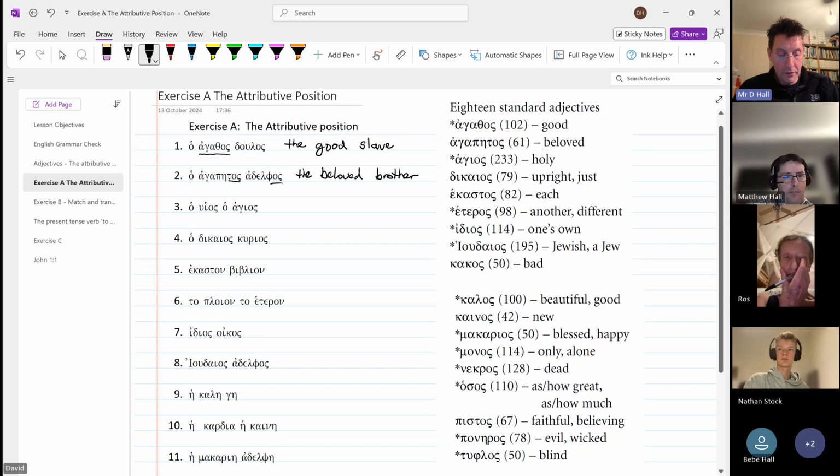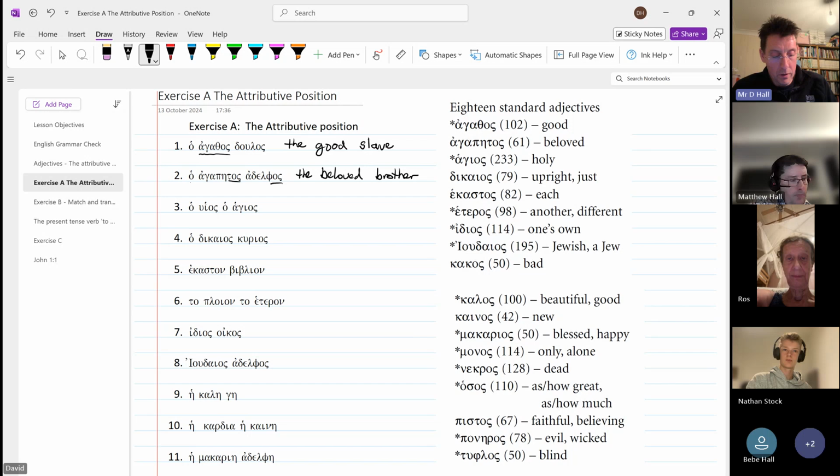And then I'll just do one more because it's obviously switched around. So we have a different form now. We've got the noun first. So ho huios, ho hagios. So ho huios is the son. Now, when you're translating, write it out literally to start with, and then turn it into good English. That's a fairly standard practice, and quite a good thing to do.